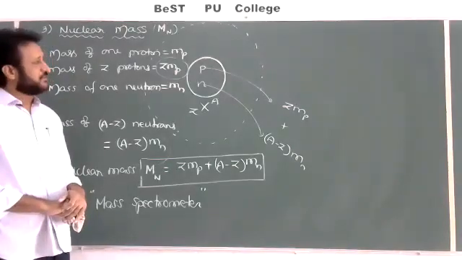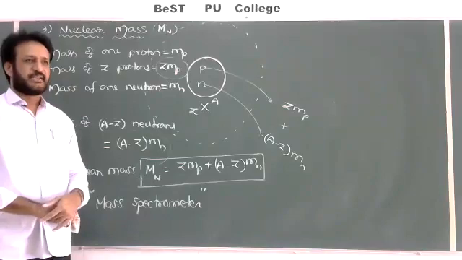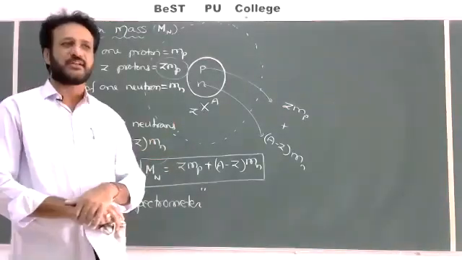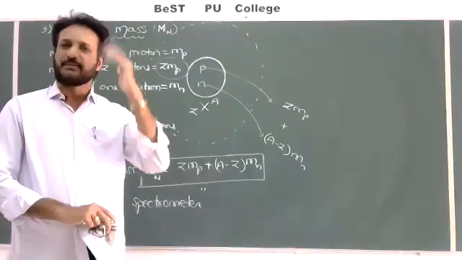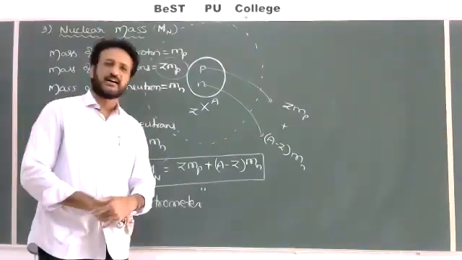And one more, what is the SI unit of mass generally? Kg. But the kilogram is a very big unit compared to the nuclear size or nuclear mass, to measure the mass of the proton, neutron, or nucleus.